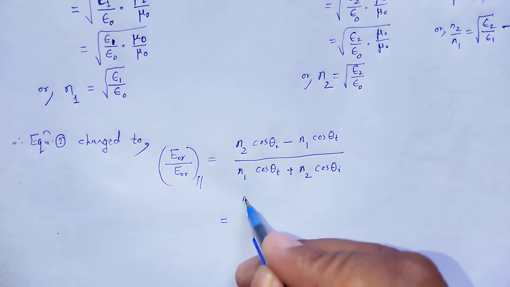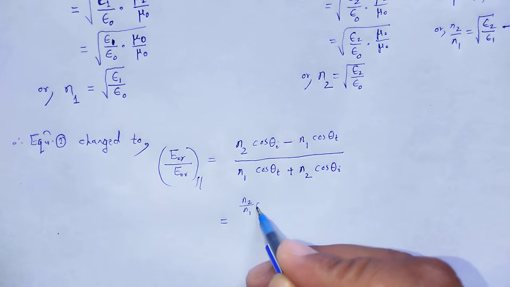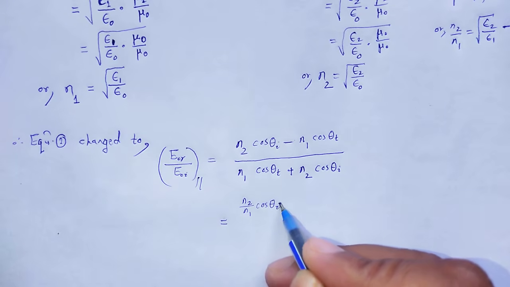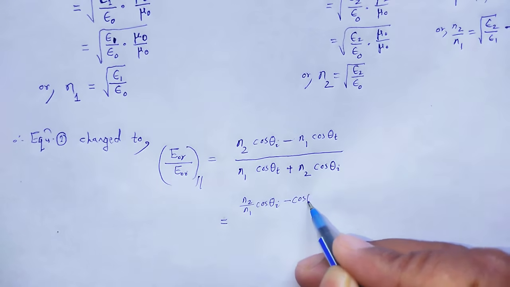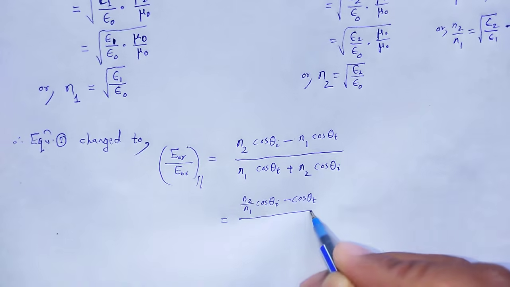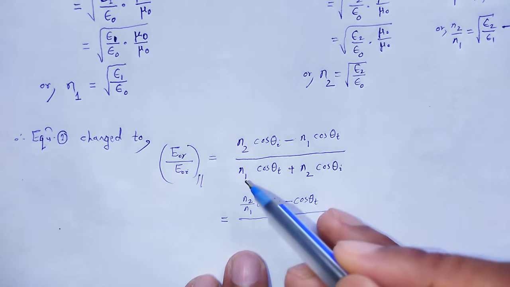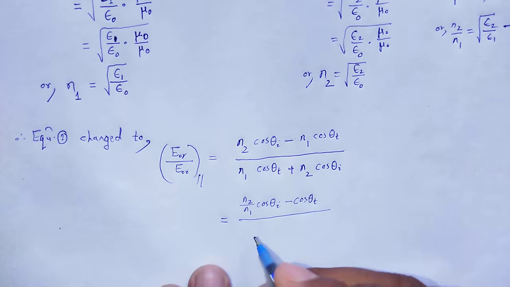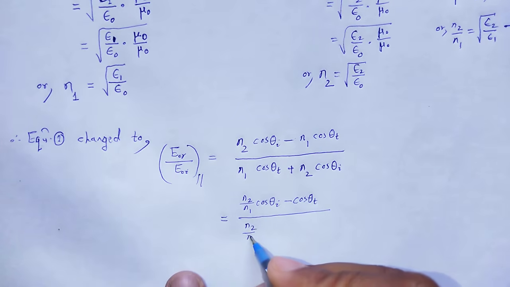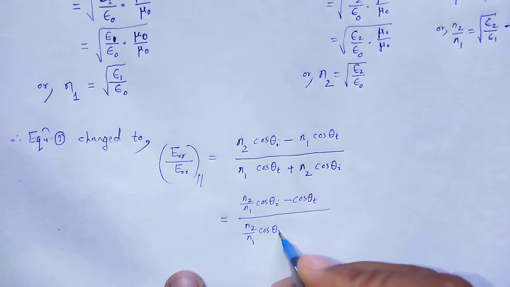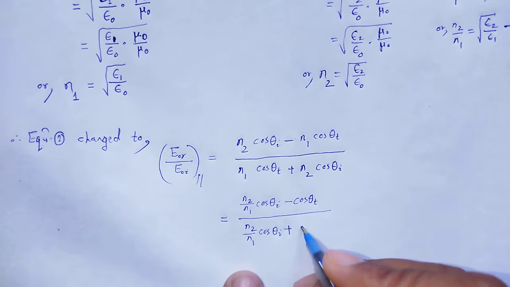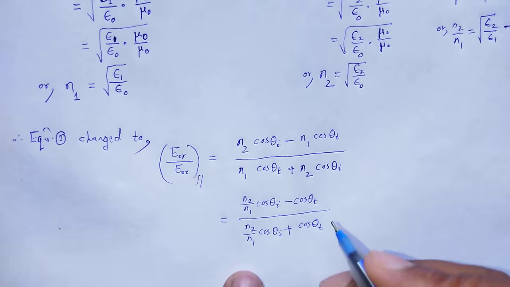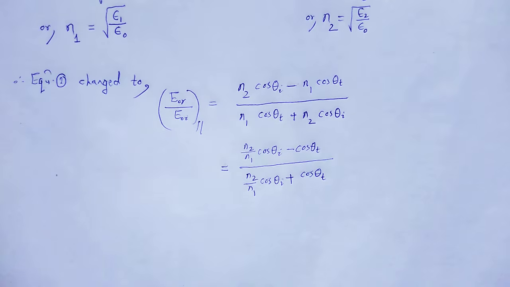So we obtain n2 by n1 cos theta I minus cos theta t divided by n2 divided by n1 cos theta I plus cos theta t. Okay.